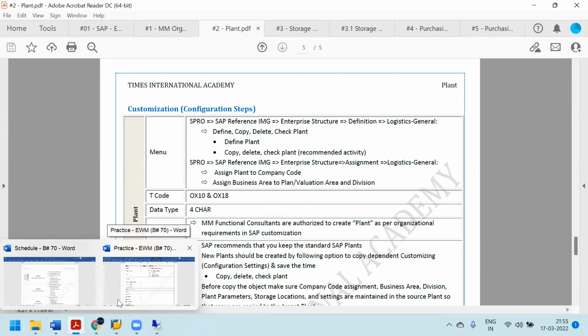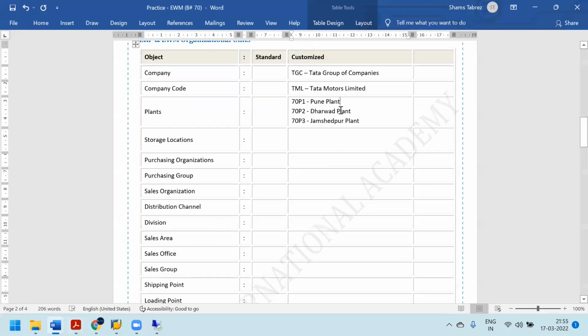Whatever they want to use, we will use, or otherwise we will suggest. There is nothing like a standard, I'm just using it as per my convenience. I'm putting our batch number, then P1: 70P1 represents the Pune plant, 70P2 the Dharwad plant, like this. I believe that answers your question, Sridhar.